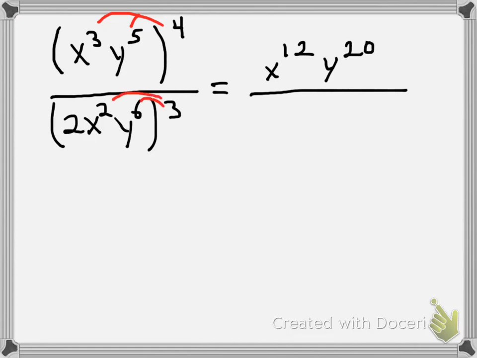Now to figure out the top, we need to distribute that exponent into both exponents on the inside of the parentheses. And on the bottom we do the same thing where we're distributing that 3 into the exponents and also into the number at the beginning.